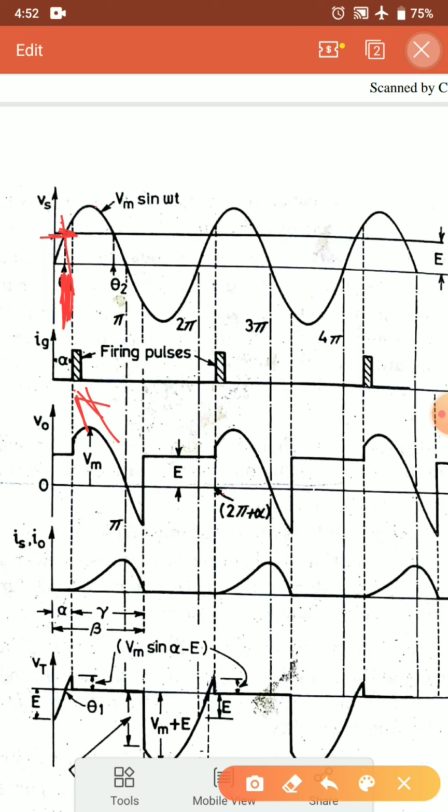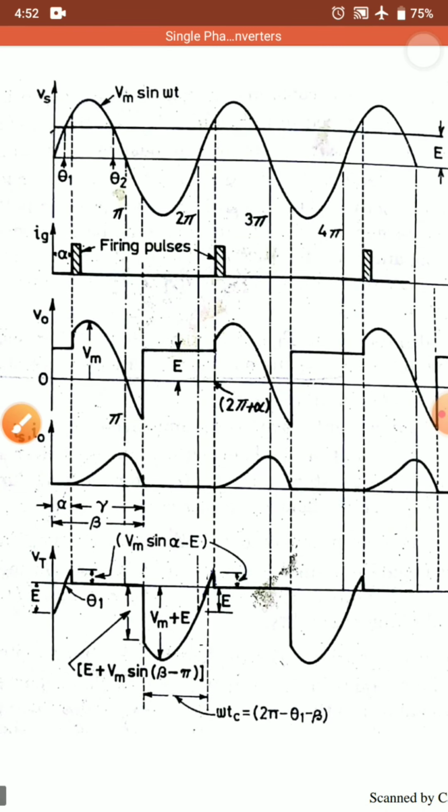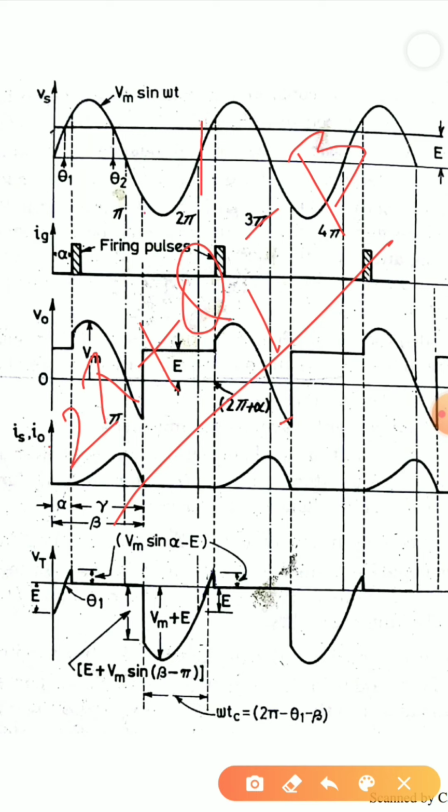So only after theta 1 my SCR will get forward biased. Therefore I can write from 2 pi plus theta 1 minus beta. For example, this is 2 pi plus theta 1 and this is the duration till when my SCR is conducting. So this gap I'll get to be the circuit turn off time, TC.